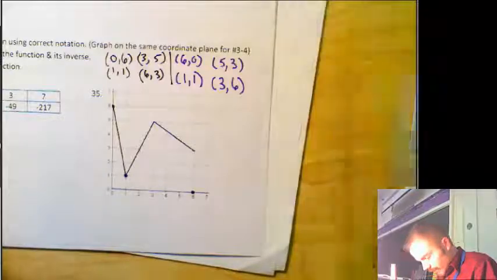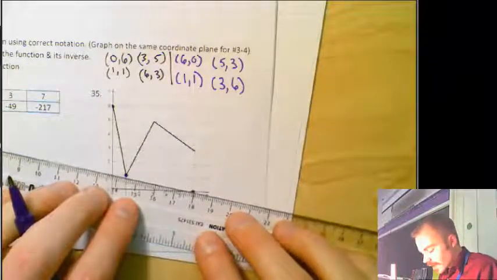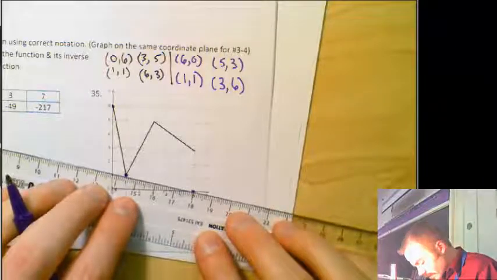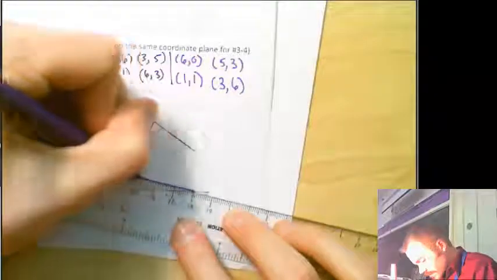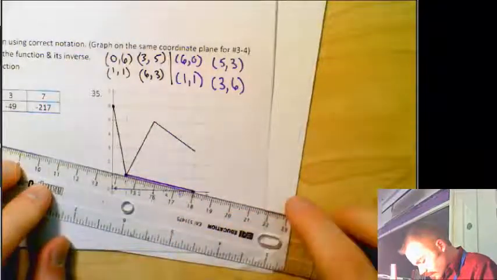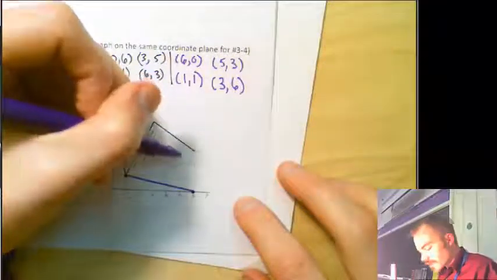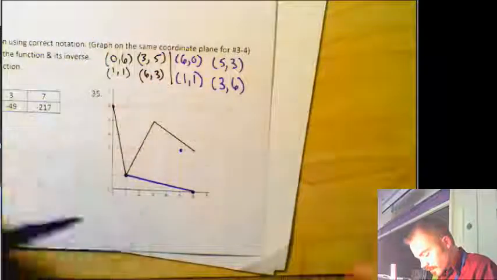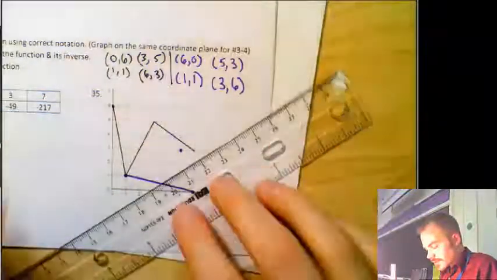And since order is important, I'm going to connect those two points together. And then the next point is (5, 3). So here's 5 up 3. And then from (1, 1) to (5, 3), I'm going to connect those 2 points.